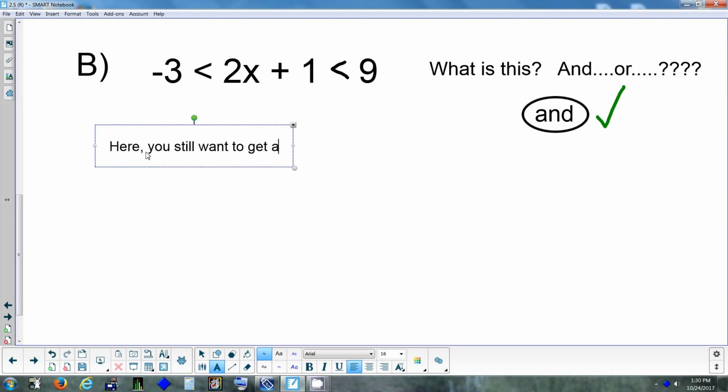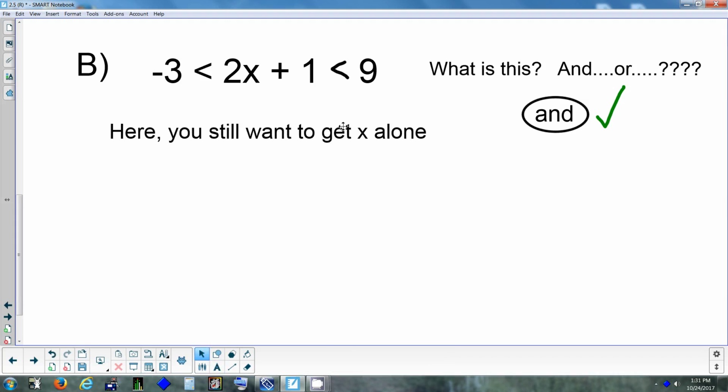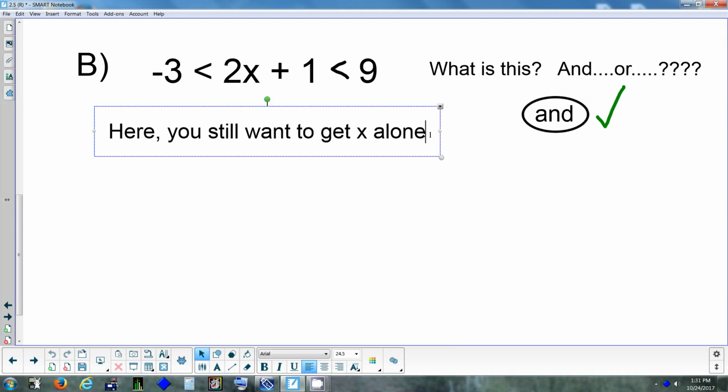Here you still want to get x alone. There are two ways you can do this. I know this is an inequality, but when we're solving an equation, if we do something on one side, what do we have to do?